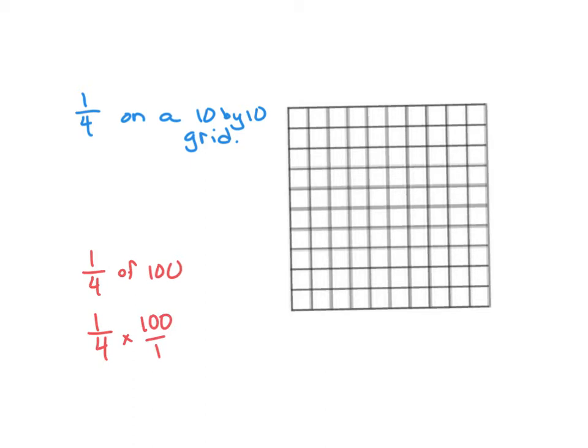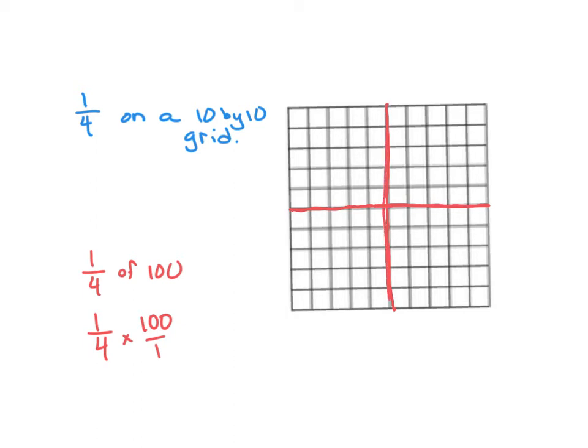And we can multiply that, but let's see how it looks on here. The denominator of the fraction means I'm dividing it into that many equal pieces. So I'm going to take this whole 100 grid and divide it into 4 equal pieces. I think I'll go this way and that way. Seems to make the most logical sense for my brain.